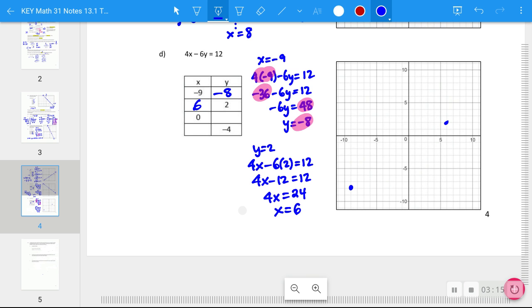When you use a 0 for the x, you get negative 2. 0, negative 2. Lining up pretty good. And putting in negative 4 for the y gives you a negative 3 for the x. So 3 back and 4 down. And those are lining up beautifully.